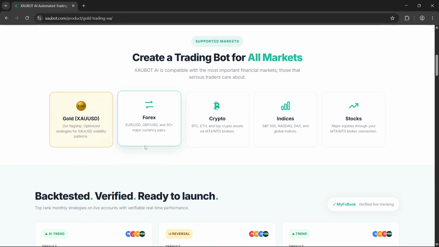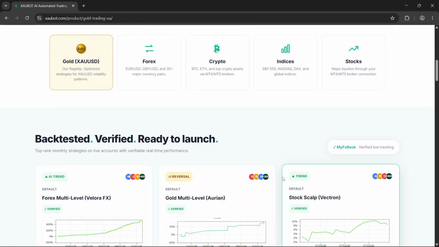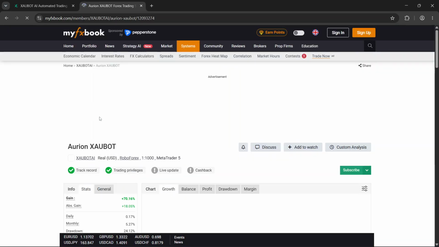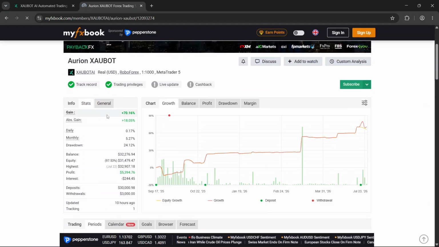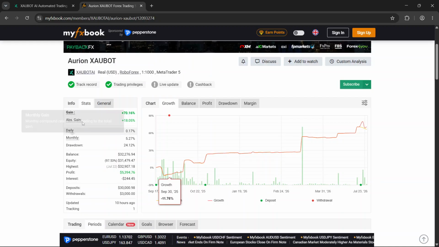Now they say they have MyFxBook results for some of these. Let's look at it. For gold, we have this gold multi-level. Let's look at the win rates.